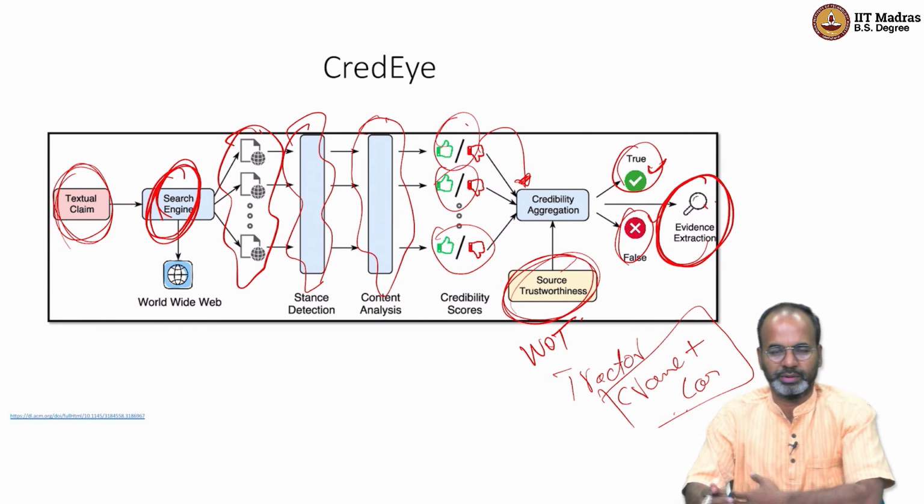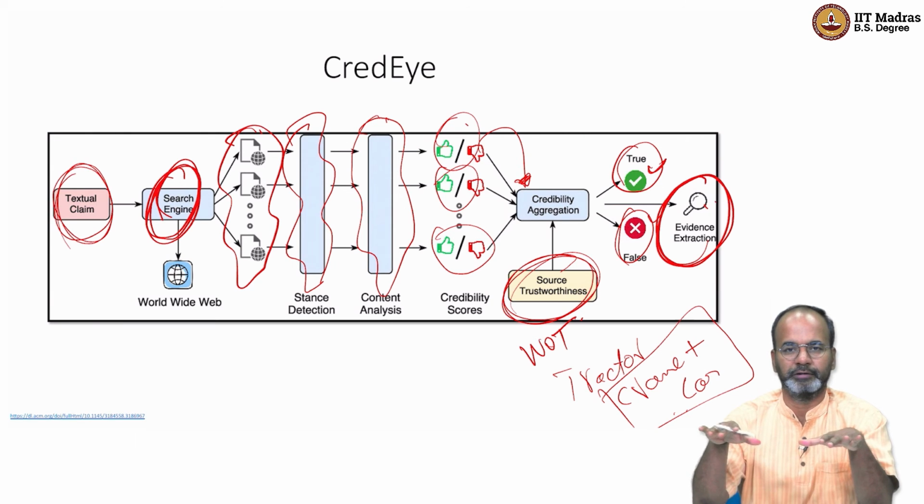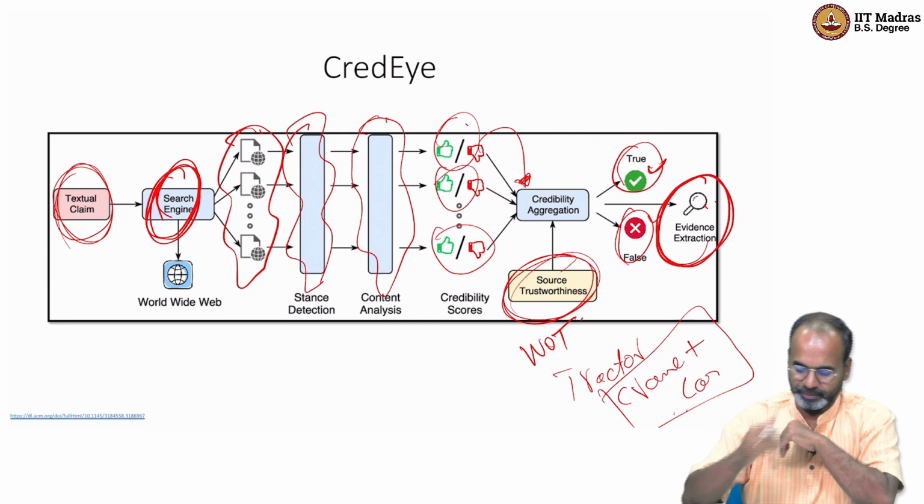It could say that, look, these are two different images taken in two different places, the EXIFs are very different, and therefore it is actually fake content. Right, so that's what CredAI would do.